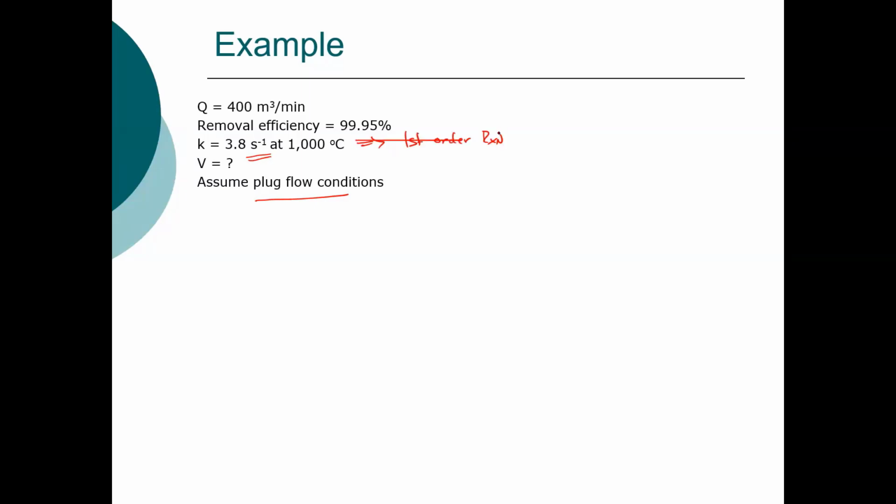So if we have a first order reaction and it's plug flow, we can use the equation ln C over C naught is equal to minus KT to describe the reaction of the contaminant in the chamber. So we have 99.95% removal.